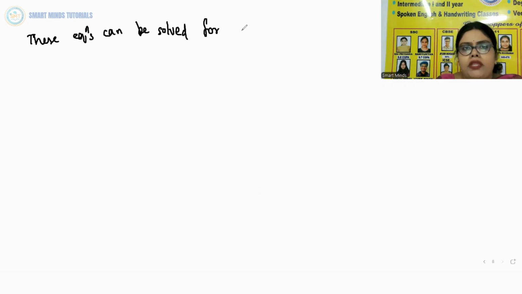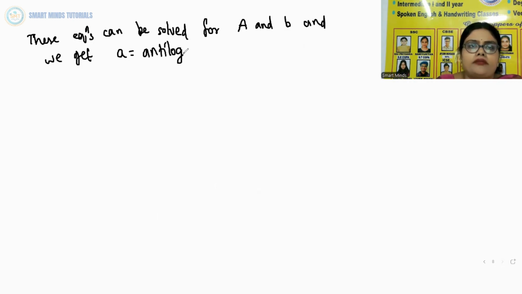So these equations can be solved for A and b, and we get small a is equal to antilog of A. If you find antilog of A, you get small a.